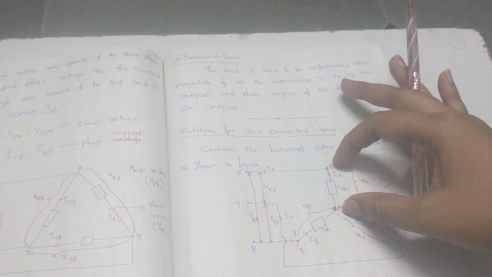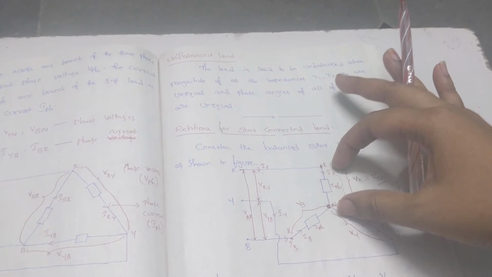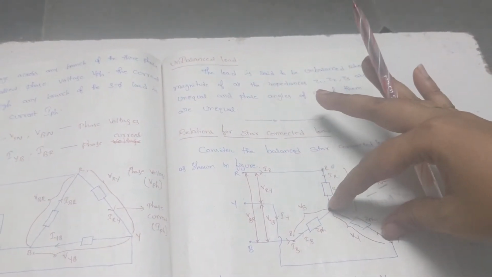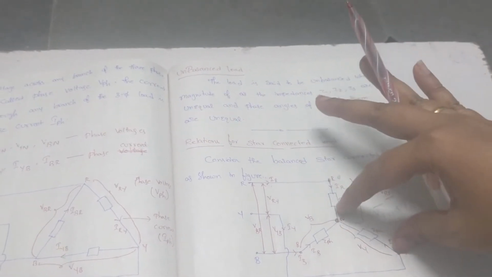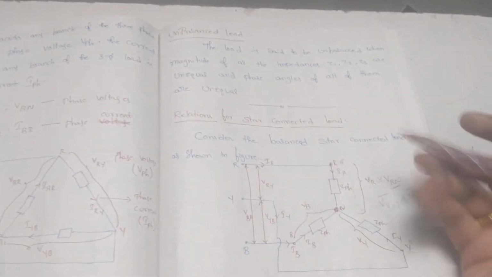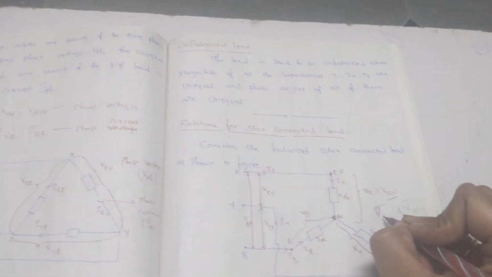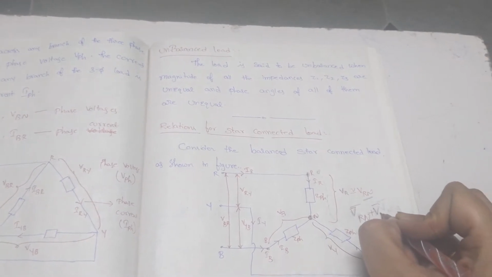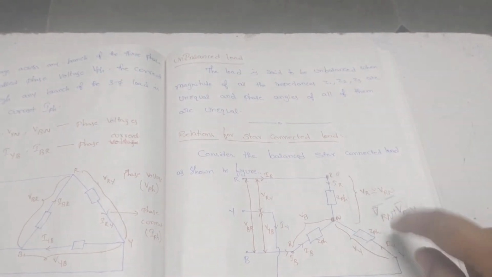The voltage between the terminals R and N, as well as the voltage between the terminals N and Y. That means the voltage between R and N and the voltage between N and Y. Kindly remember, the voltages we are adding are added as phasors.